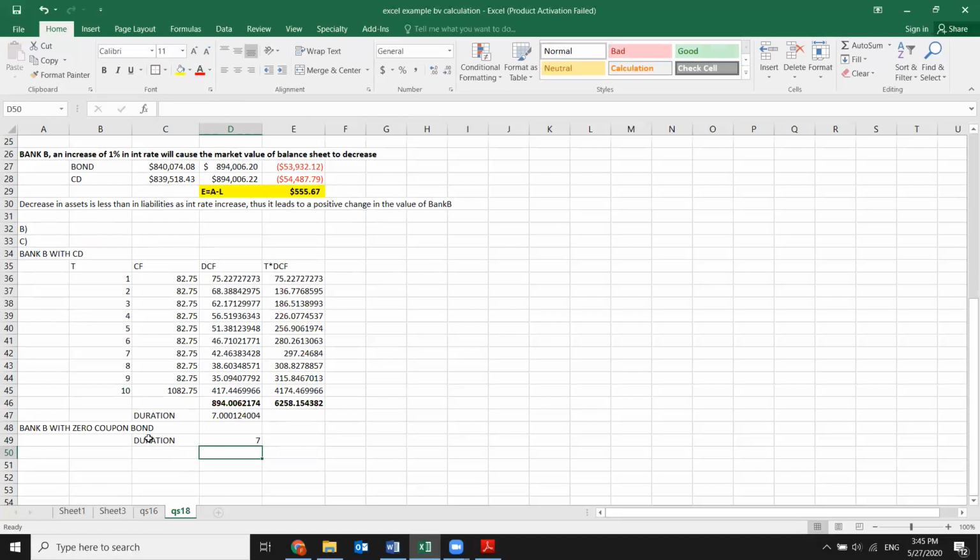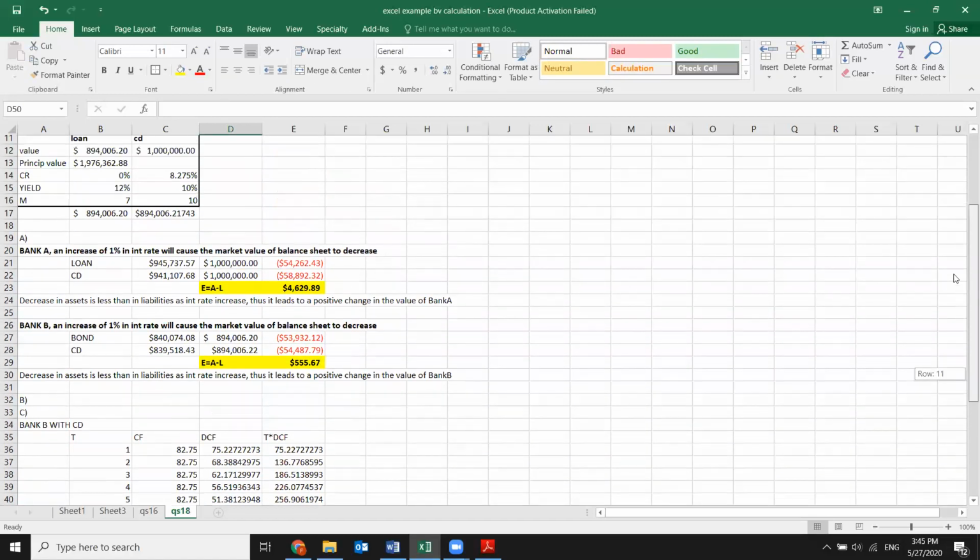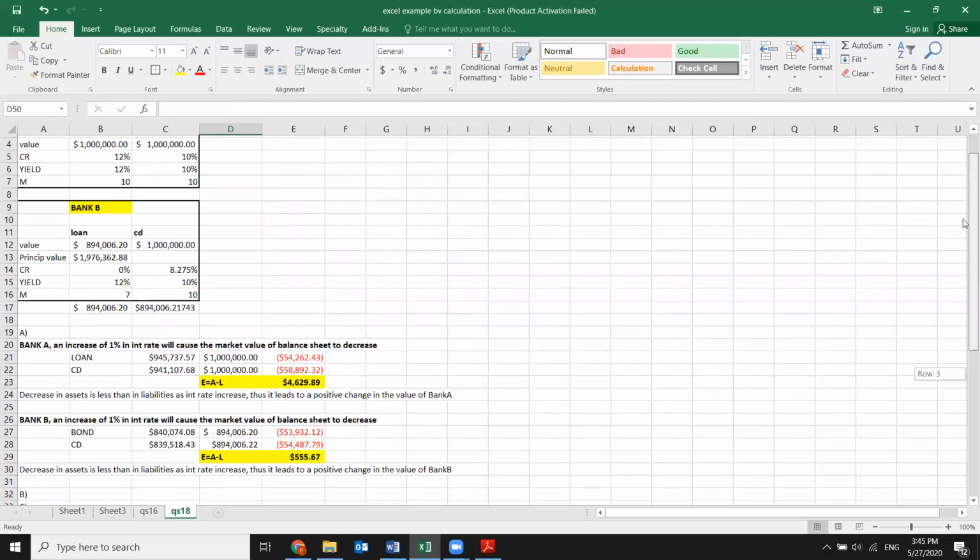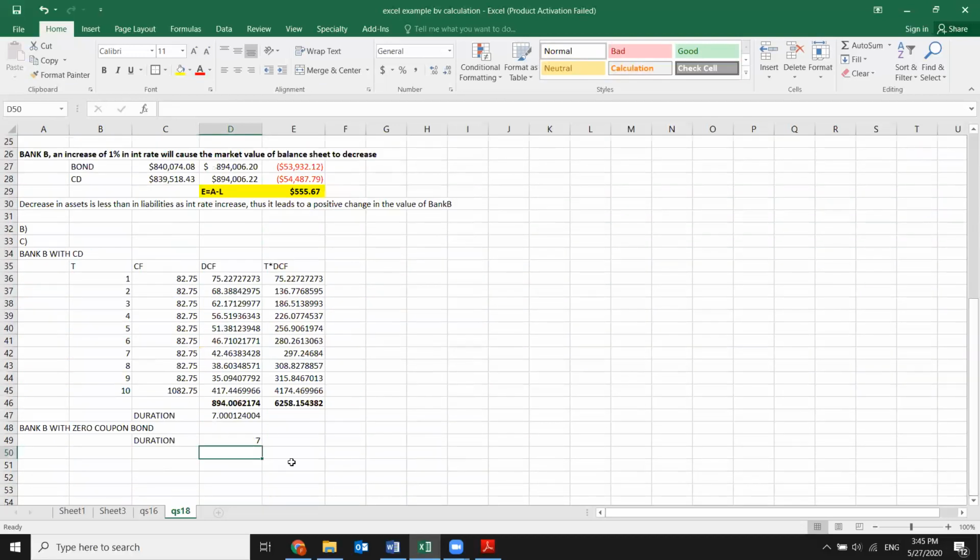Why 7 years? Because the duration of a zero coupon bond is exactly equal to its maturity of 7 years. So if you go and see what the maturity of that bond was, even if you try to calculate, you will come up with 7. So just keep in mind.